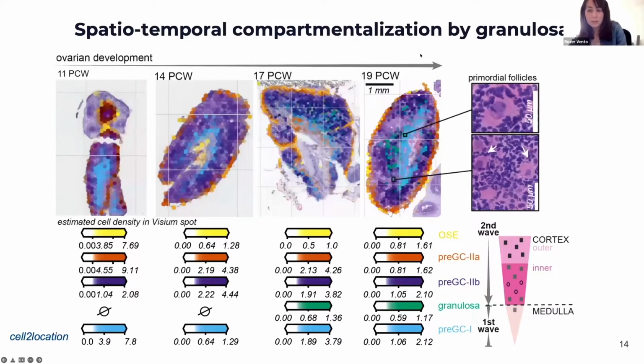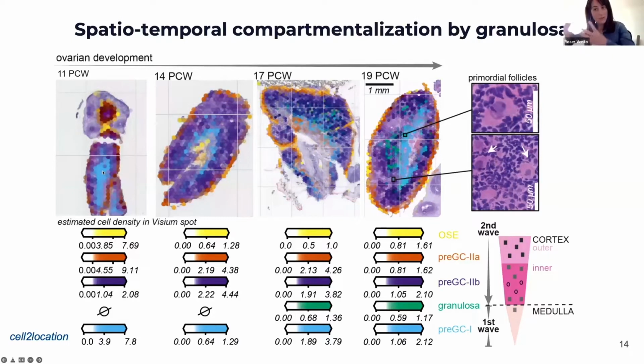And as happens for a lot of different developmental processes, here we also have two waves of differentiation. And we managed to see that by looking at the spatial data. And what we could see is that the first wave of differentiation, in blue, is restricted to the medulla.